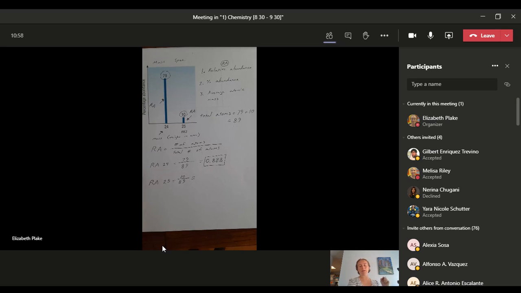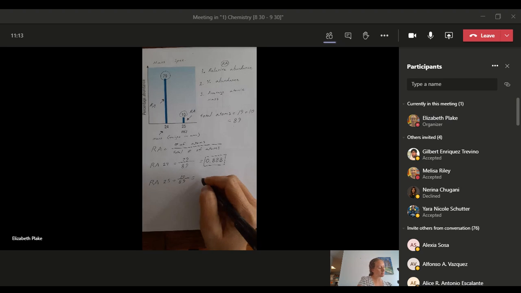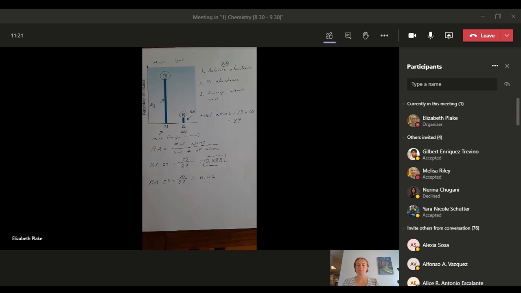So again, I'm going to plug this into Google because I love Google. Google is my friend. If you don't have a calculator, use Google on your test. That is going to give me 0.1123. I'm going to round that to 0.112.